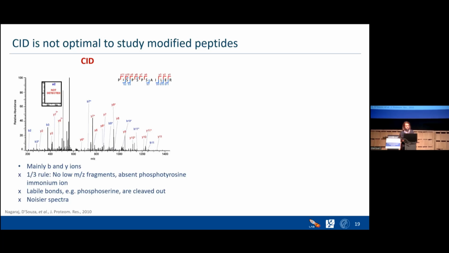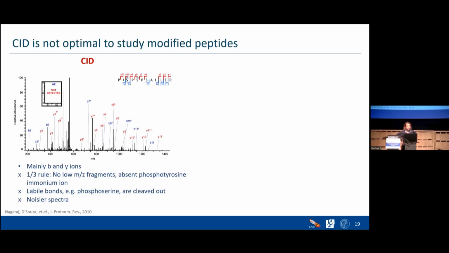We see mainly B and Y ions because it's CID and we cut on the peptide bond. Our spectra are noisier and we have a lot of smaller peaks. Also with CID, we lose the labile bond of the PTMs. Therefore, we tend not to use CID for phosphorylation.